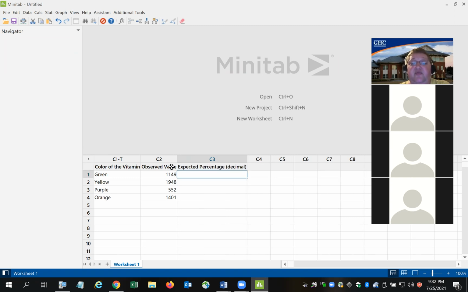So green, we expected 20%. Yellow was 40%. Purple is 10%. And orange is 30%. So you have 3 columns. You have the color of the vitamin, which are your categories. You have the observed values, which are given in the question. And then you have your expected percentages, which are given in the question, written as a decimal.